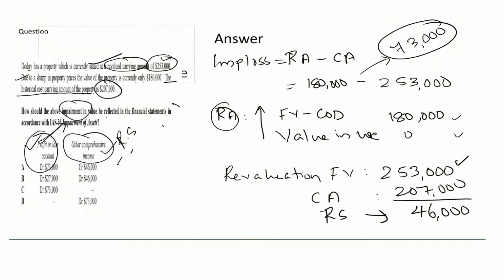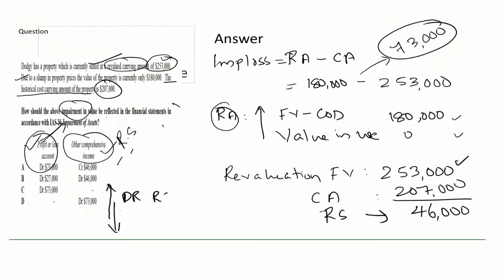Now we have learned that whenever a property is revalued, what is the inference? The property was revalued earlier, and now it is revalued downwards. Impairment is nothing but revaluation downwards. Previously the property was revalued upwards, so first you have to cancel that revaluation surplus. Revaluation surplus normally has a credit balance, so to cancel it we have to debit.